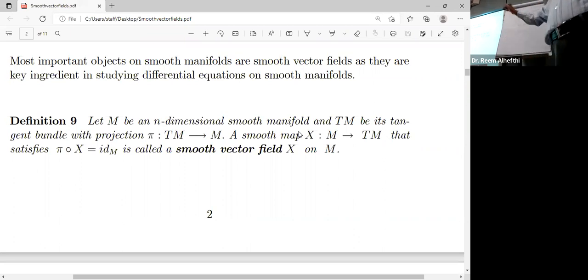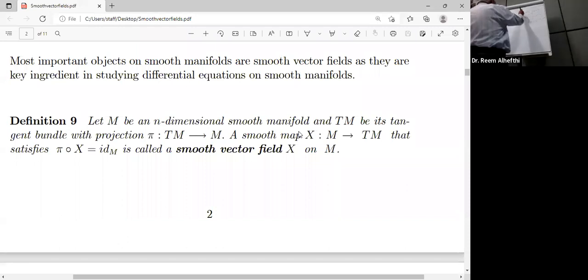Your X and pi should be such that it is sort of a reverse map to the projection. So a smooth vector field is a smooth map from the manifold to the tangent bundle, such that pi brings it back to the same position. This is also called a smooth section of the tangent bundle.